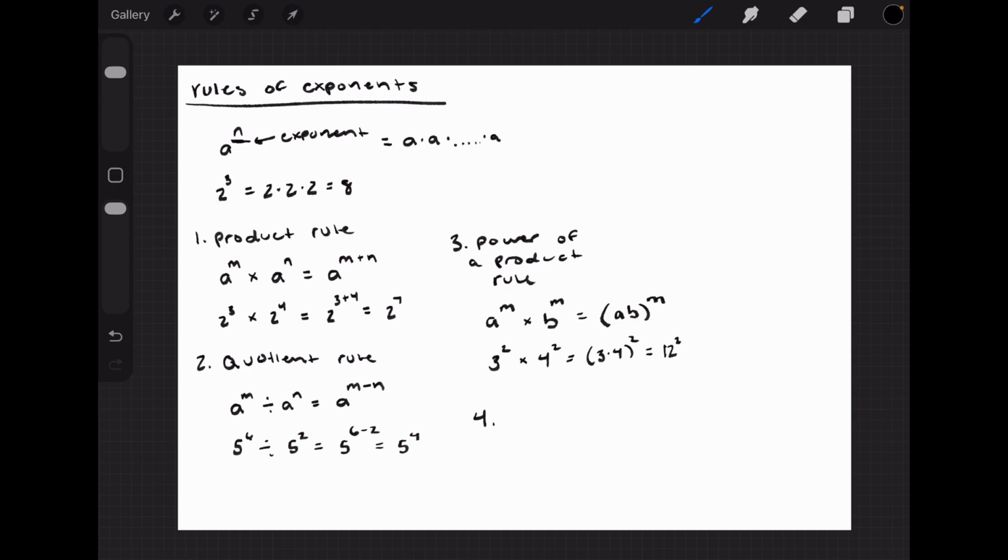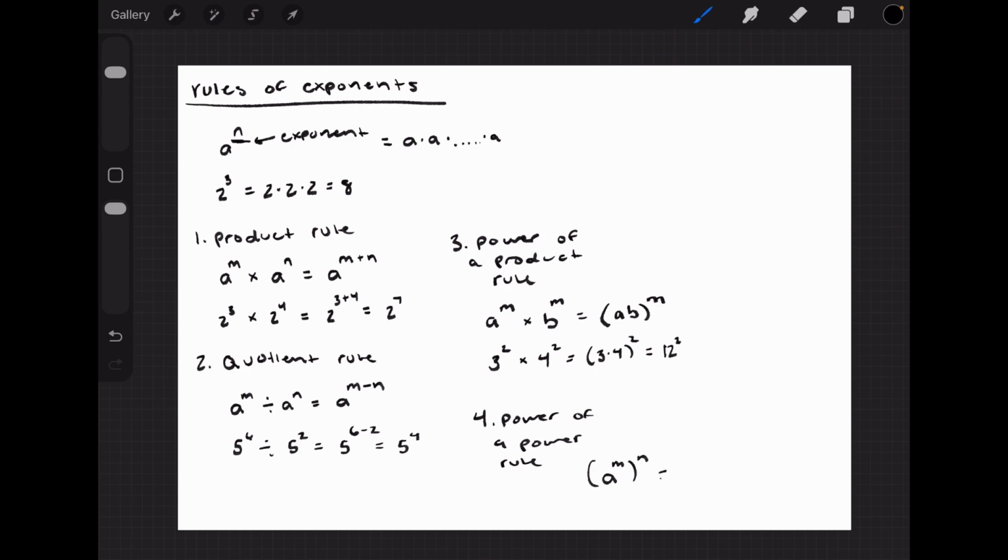Our next rule is the power of a power rule. In this one, when you're raising a power to another power, you multiply the exponents. So in this case, you just have a, and we can have m be our exponent, and you're raising it to the nth power.